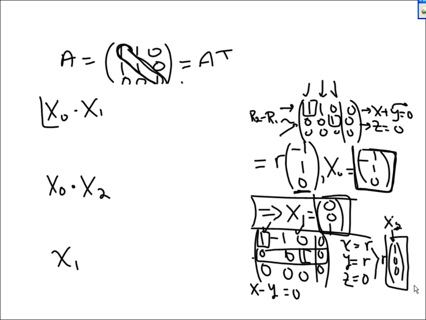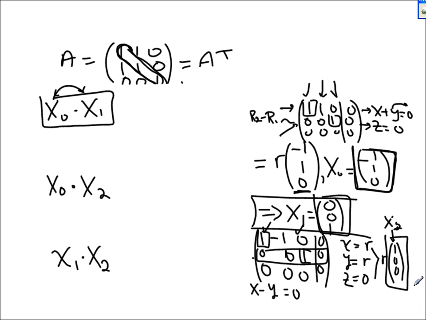But remember, dot products commute. That is, x1 dotted with x0 is x0 dotted with x1. So I don't need to write x1 dotted with x0. Don't dot x1 with itself, because nobody ever said that had to be orthogonal. In fact, they'll be parallel.